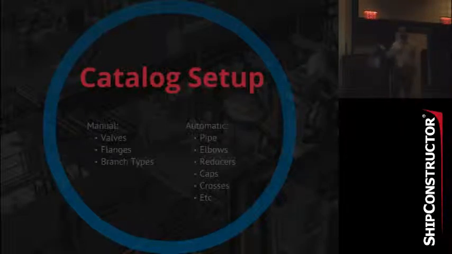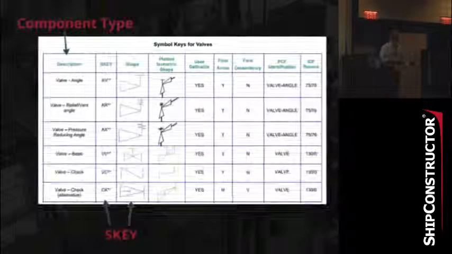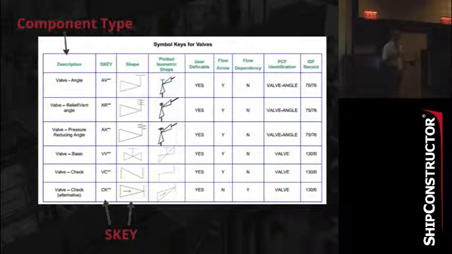The ones that are going to be manual are valves, flanges, and branch types. Now, the valves are going to be pretty easy to understand why we can't set those up for you automatically. Unfortunately, you might have some in our pipe catalog, you might have some in our equipment catalog. We need to allow you to put both of those into these things because obviously that's important information. It's simple to set up, but it's still going to require some intelligence. You know, someone's going to be sitting hacking at a keyboard for a little while.